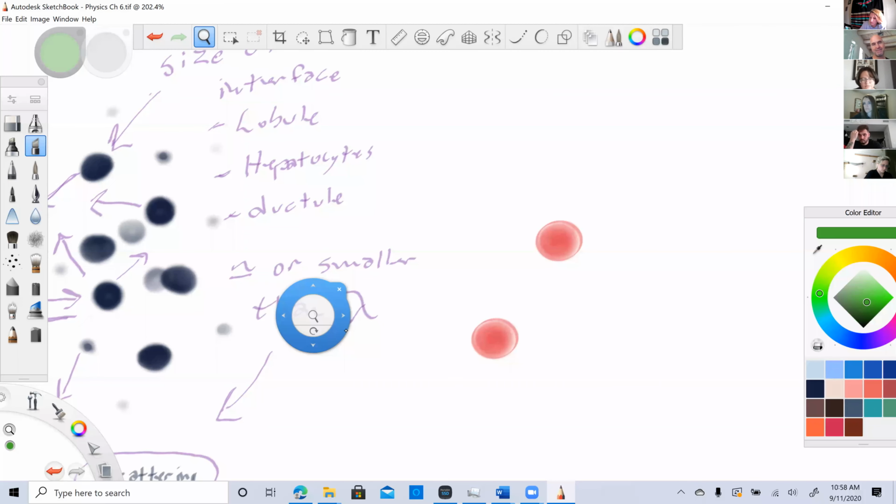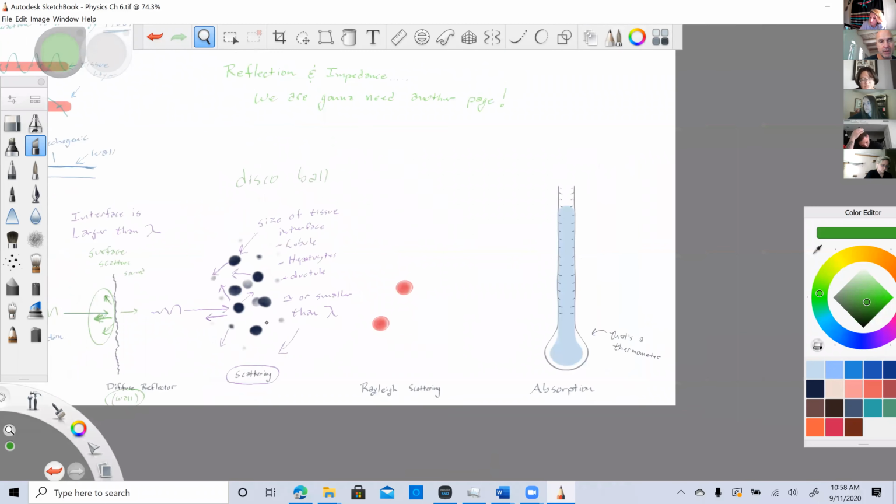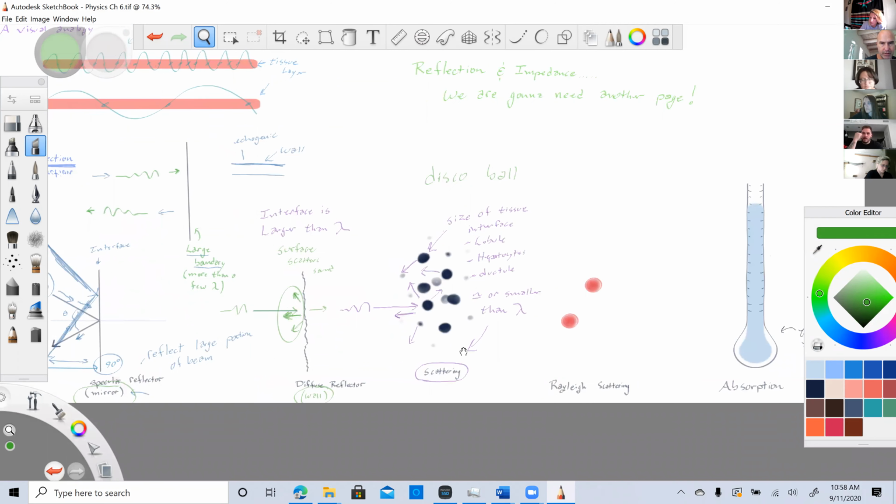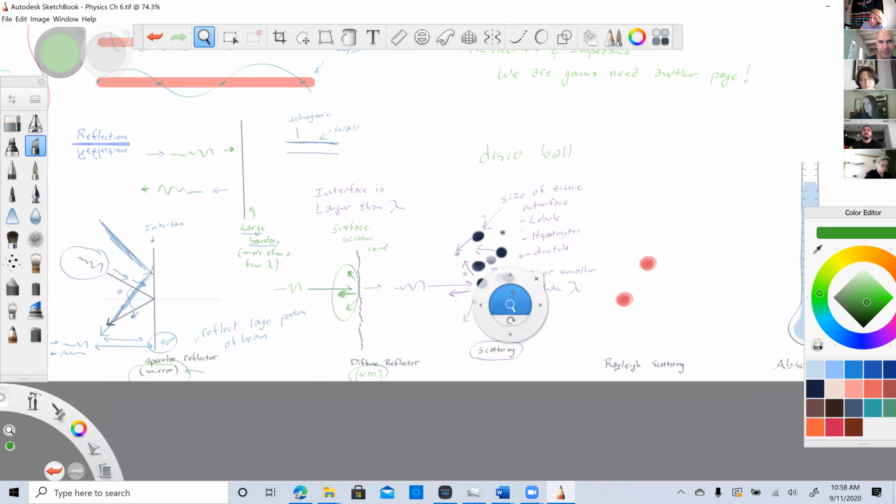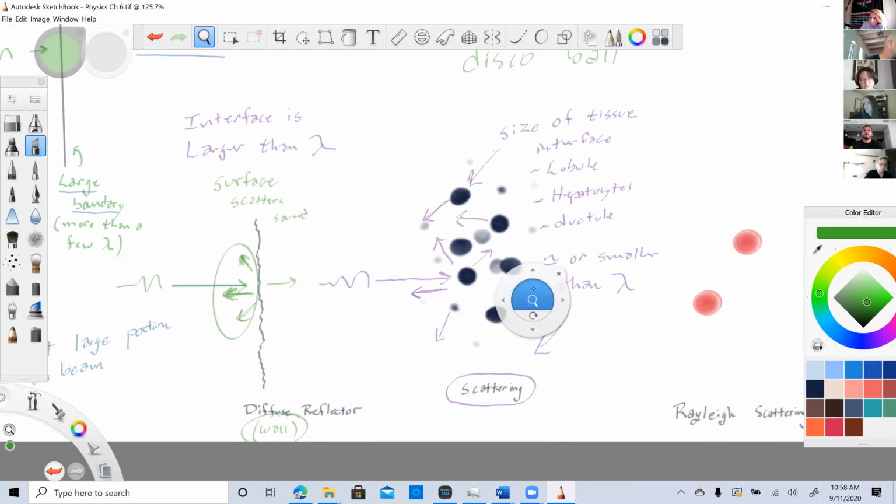So, oh, that's right. I said I missed a term, and this term is kind of important. So let me go back. I did say that the surface of a diffuse reflector scatters sound.